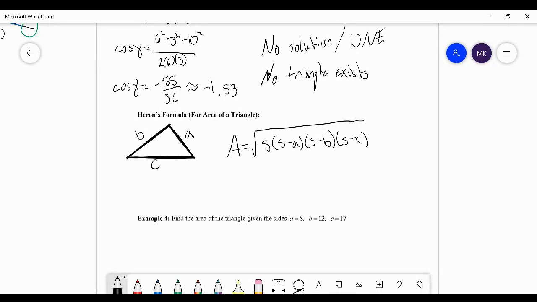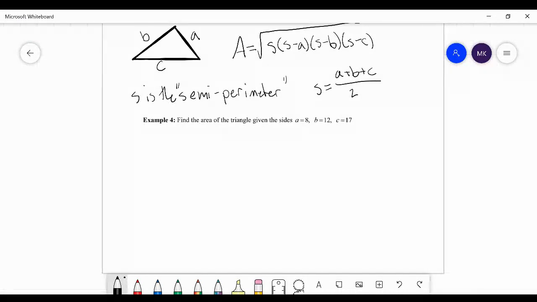Now, for those of you asking what in the world is S, S is the semi-perimeter. Okay, S is equal to (A plus B plus C) over 2. Okay, that's it.